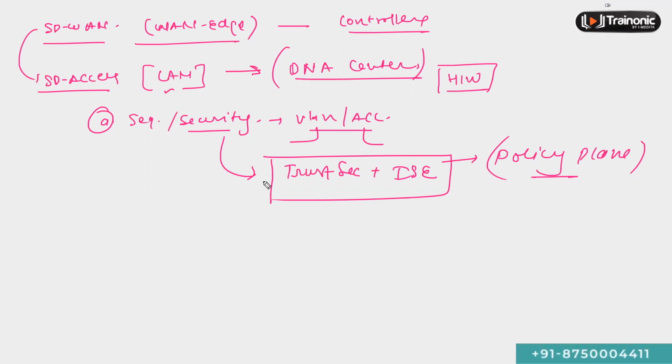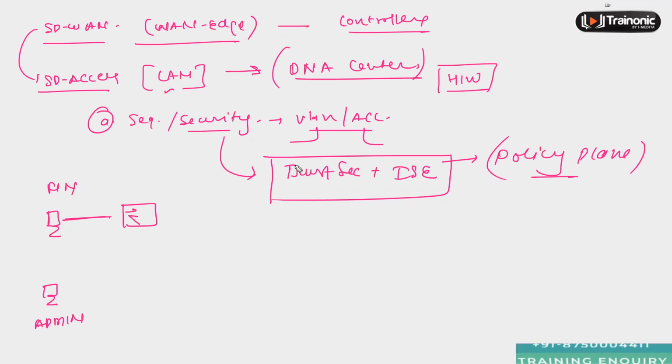So, for example, let's say there is a user that belongs to a finance department. There is a user that belongs to an admin department. I can configure my SDA environment in such a way that any time a user joins the network, the user has to be authenticated first. After the successful authentication, the user can be assigned a tag value, some sort of tag.